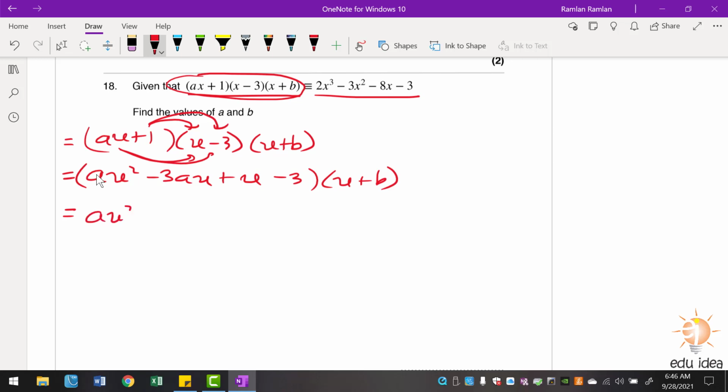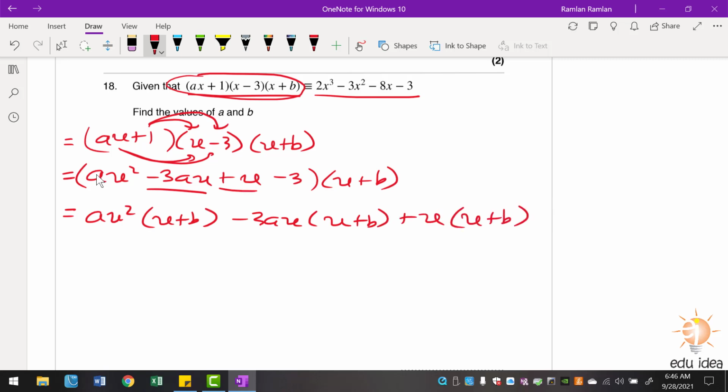We have ax squared, this guy, multiplied with all of them. So you get ax squared multiplied by (x + b), and then this guy, minus 3ax, multiplied with (x + b), and then plus x, multiplied with (x + b), and the last one is minus 3 multiplied by (x + b). Okay, let's expand it again.